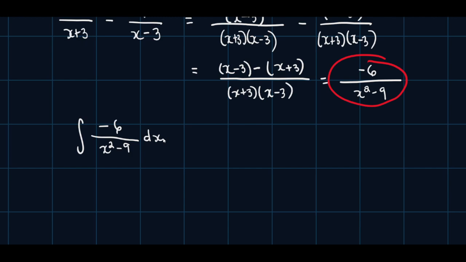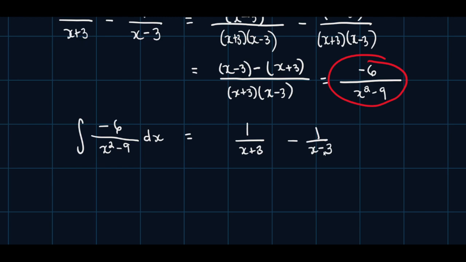The techniques we already know, integration by substitution, integration by parts, trigonometric substitution, are not really applicable for this type of problem. However, we have shown earlier that negative 6 all over x squared minus 9 is actually equal to 1 all over x plus 3 minus 1 all over x minus 3.